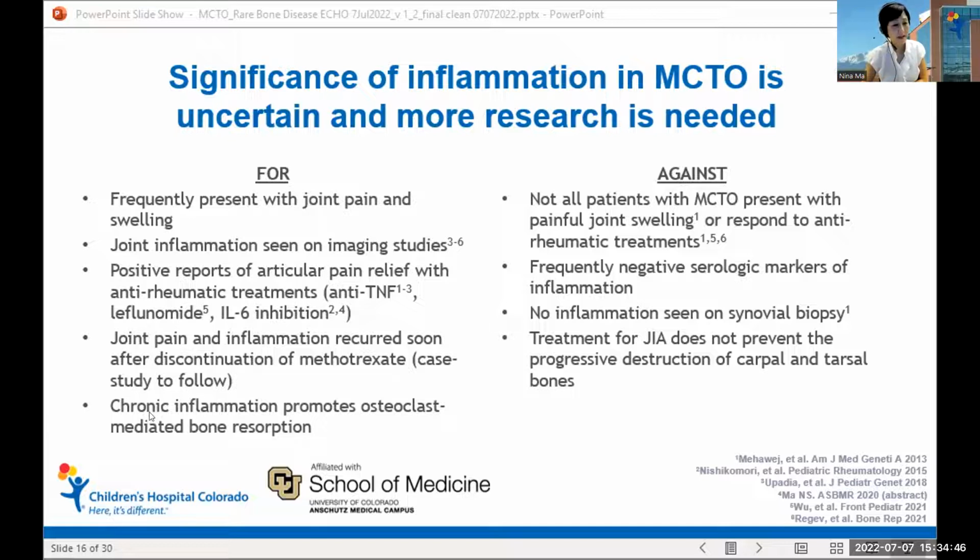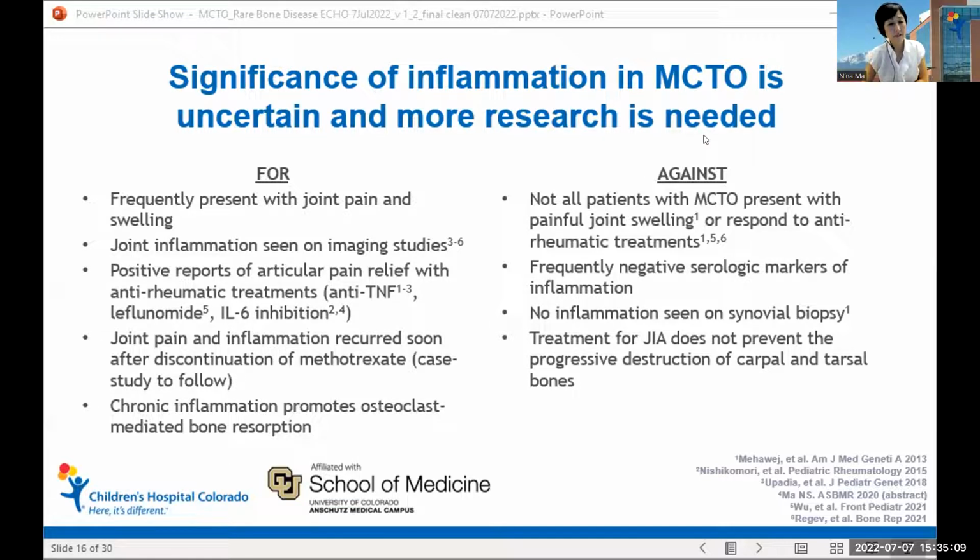And finally, chronic inflammation of any cause is well known to promote osteoclast-mediated bone resorption. So whether the inflammation is primary or secondary in MCTO, perhaps this aspect of the presentation should be taken into clinical consideration.